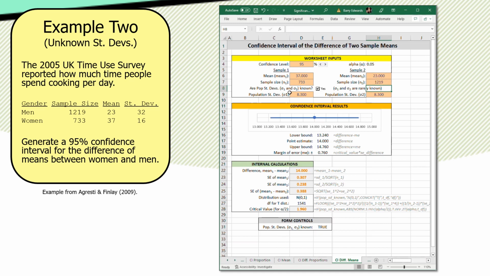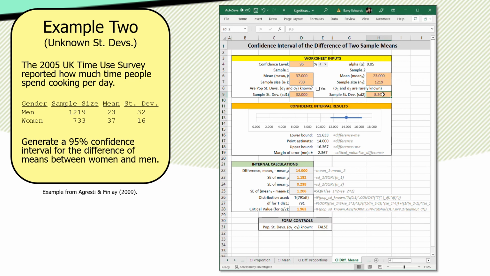This time the population standard deviations are not known, so I will unclick yes. This sample standard deviation in group 1, the women, reported in the problem 32. Remember, this 32 then is estimated from the sample. It's not known in the population. We're relying on the sample standard deviation as an estimate of the population standard deviation.